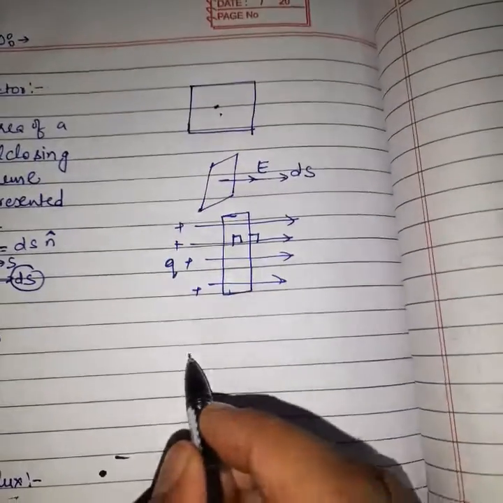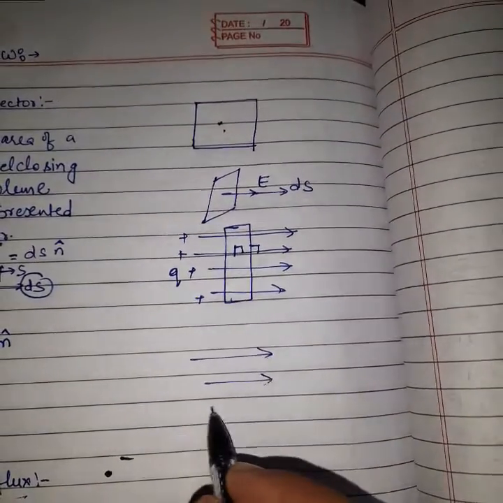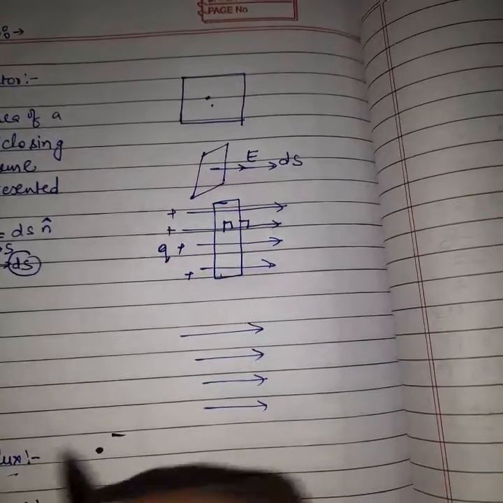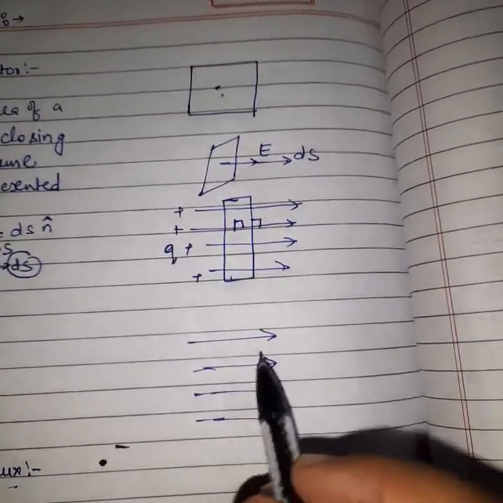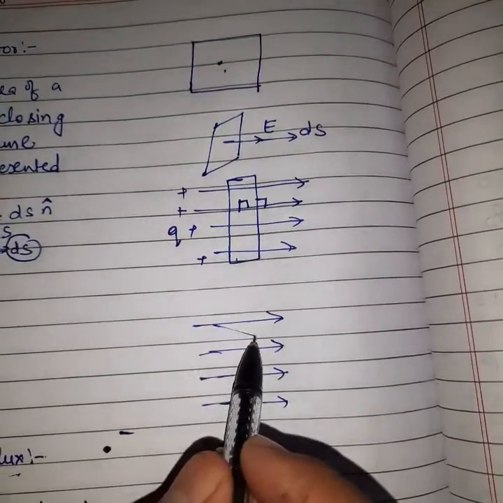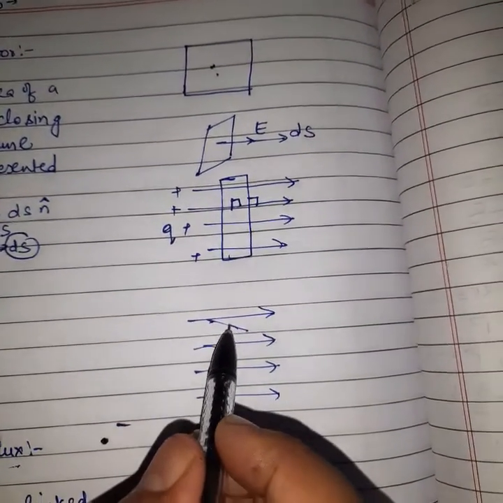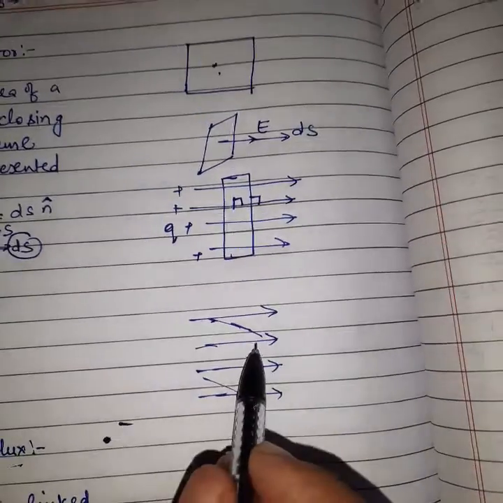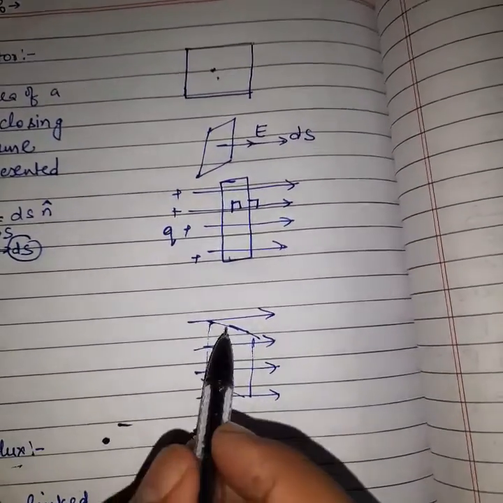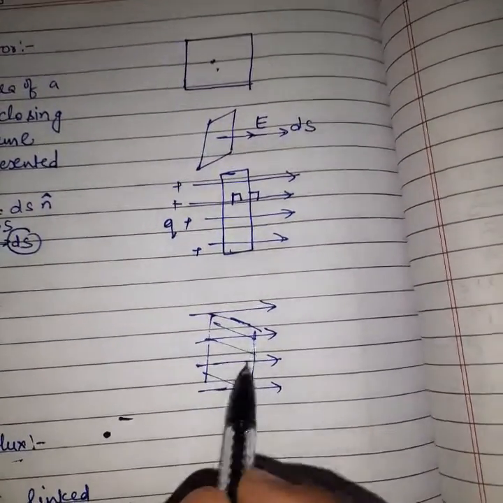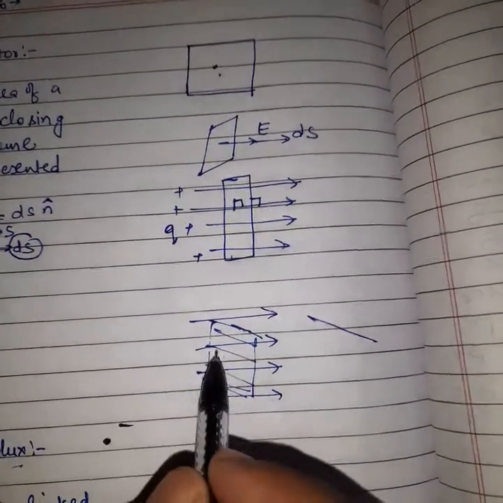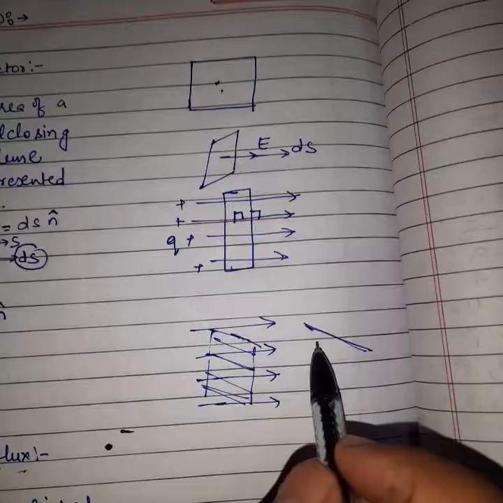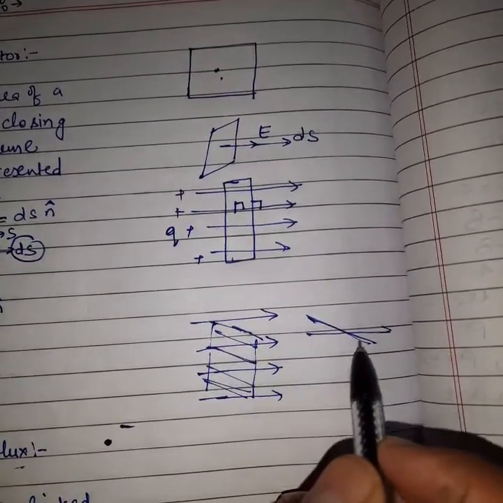I am taking a surface a little bit inclined like this. You can see here this surface, and I am selecting a line on it, which is our electric field line.